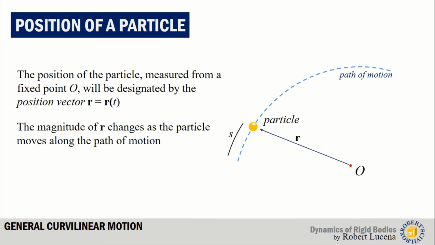So let's proceed. The magnitude of r changes as the particle moves along the path of motion. If the particle moves to this position, from the previous vector r, now we have another vector that is r1. If again the particle moves, you can represent it with another vector that is r2.